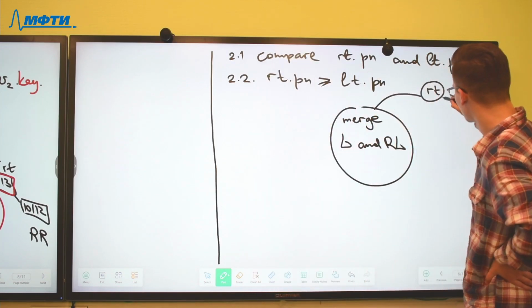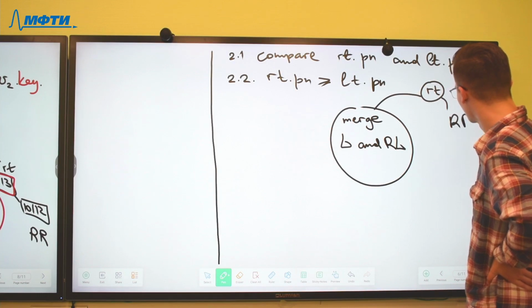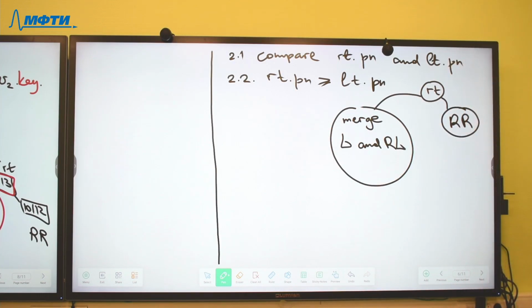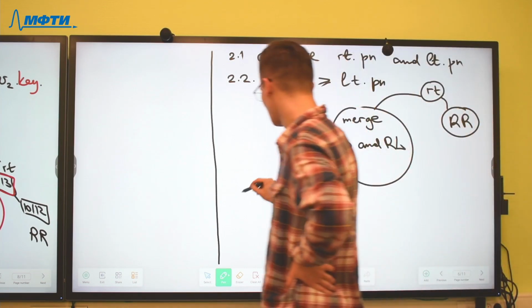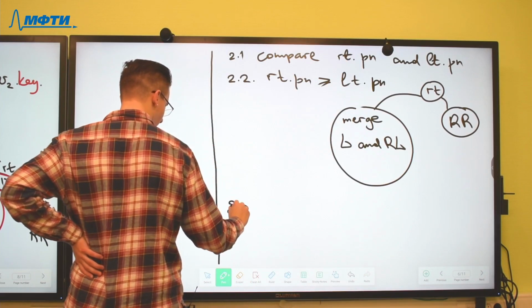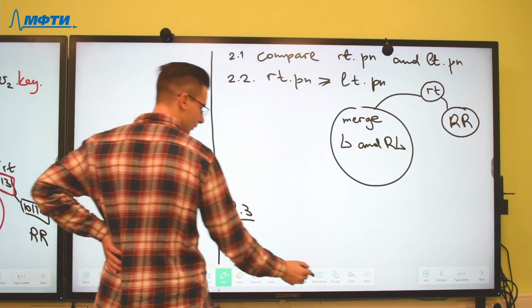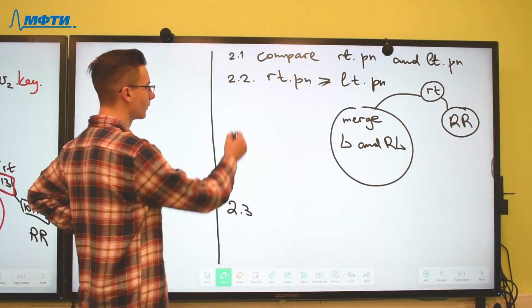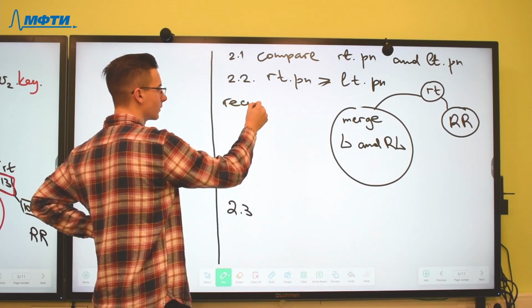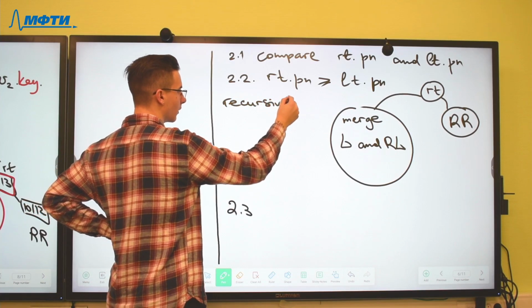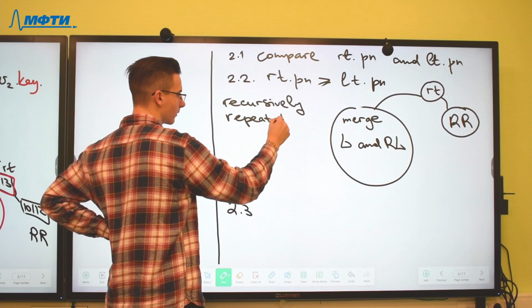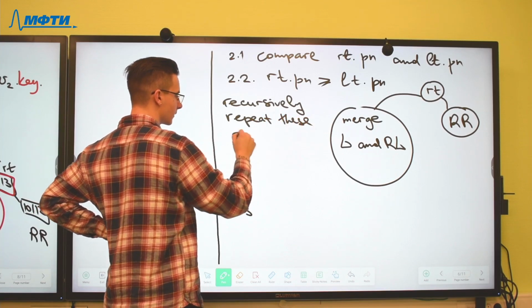And here we don't touch the right subtree. Yeah, and recursively repeat these steps.